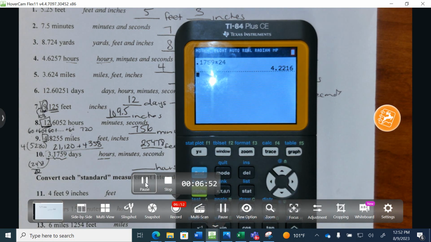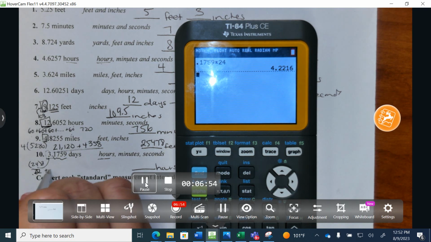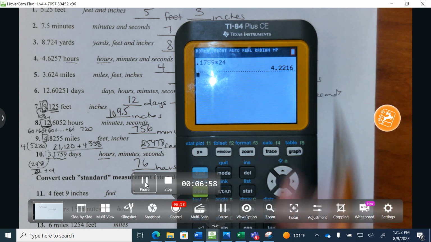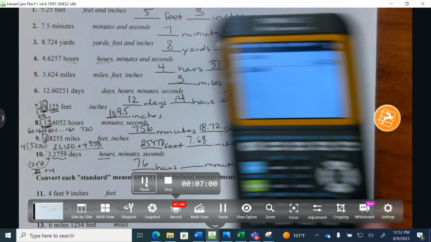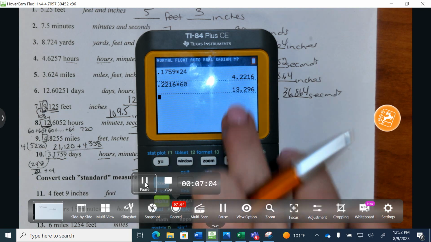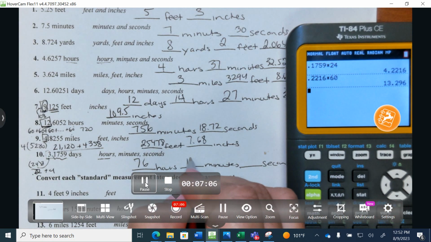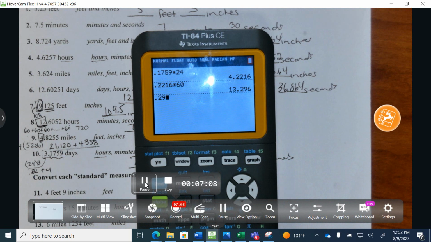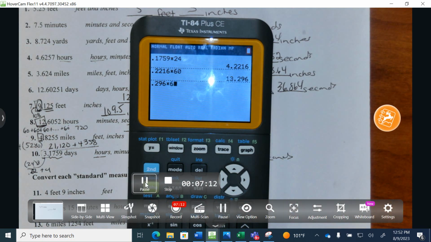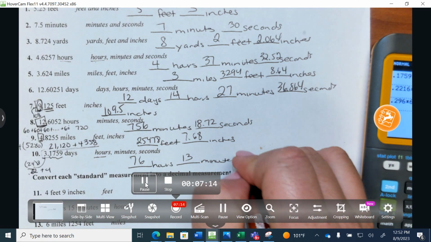Always working backwards, 24. So 72 plus the additional 4 is 76 hours. I take the remainder, 0.2276, always work backwards. How many minutes are in an hour? 60. Keep the whole number, 13 full minutes. Take the remainder and ask ourselves, how many seconds are in a minute? 60 again, 17.76.